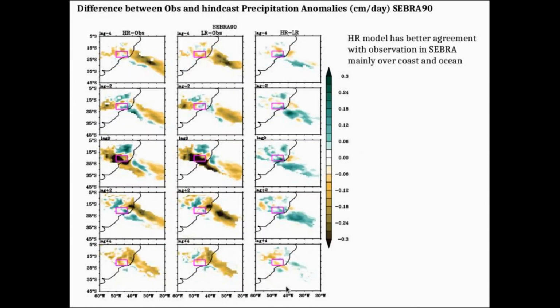And here I showed the difference of the two models with respect to observation, and this right panel is the high resolution minus the low resolution. You can see that at all these lags, high resolution is doing better over both the ocean and part of the coastal region in capturing this precipitation event.